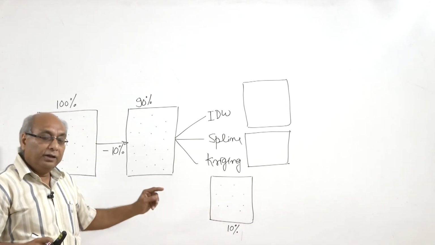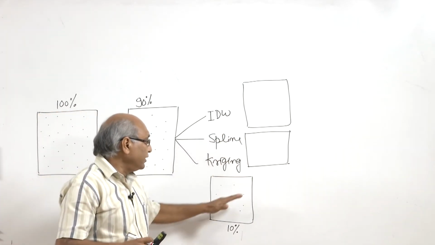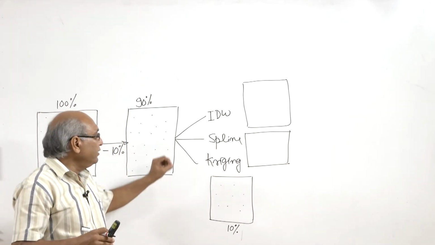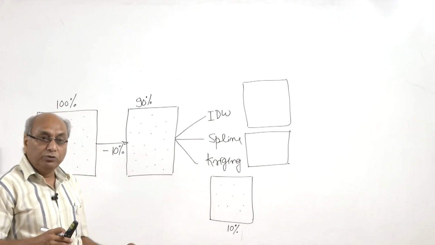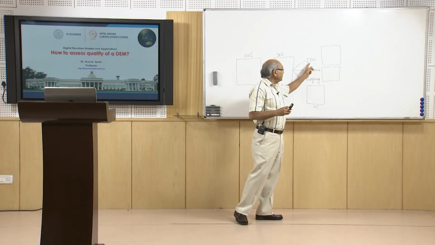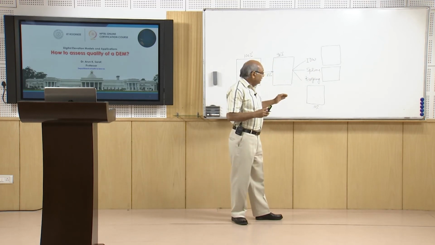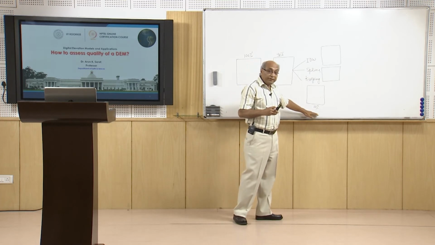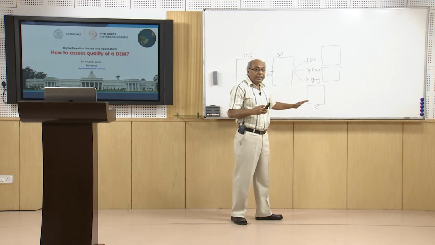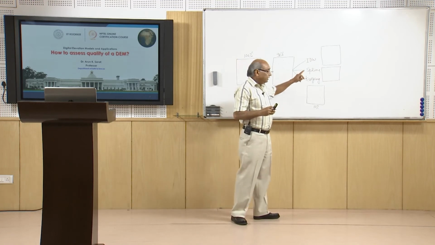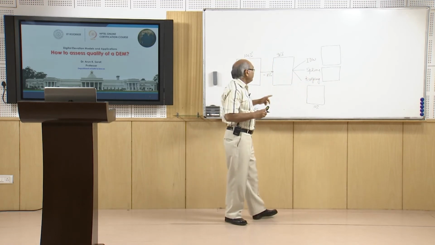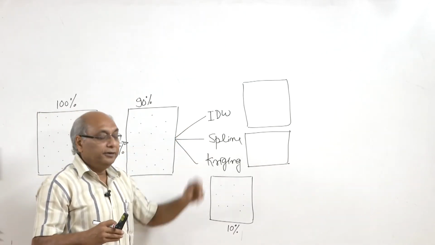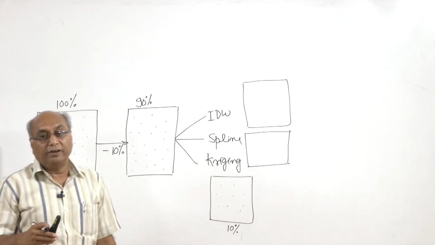Out of, say, the 3 interpolation techniques I have used, if I find that the surface generated using IDW is giving values closer to these 10% randomly selected points, then in the final step I will take 100% points and directly go for IDW interpolation and create a surface.